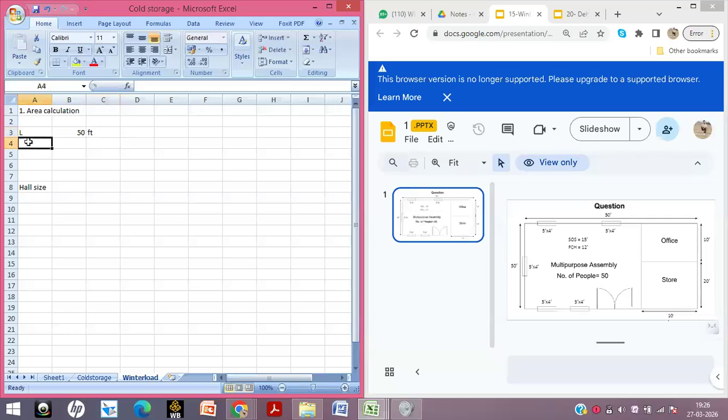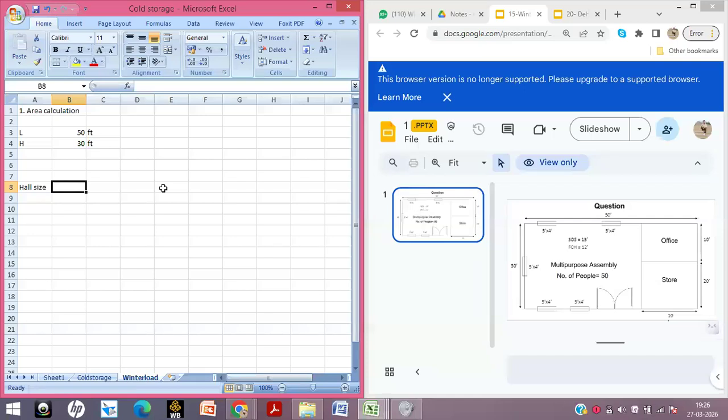Then it is 30 feet. And 30 is the width, not the height.